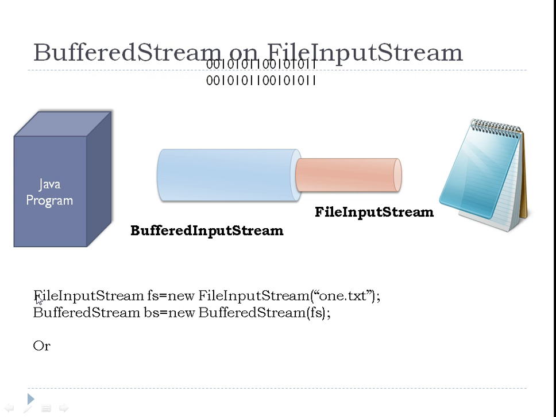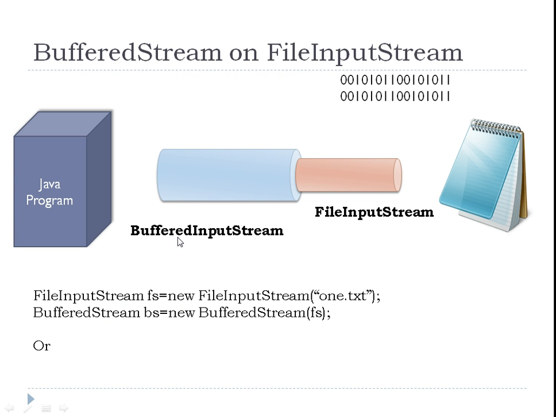What is the syntax to create a buffer? We will create a file input stream, it will create a simple connection, and we will wrap it using a buffered input stream. So all we have to do is create an object of buffered input stream.